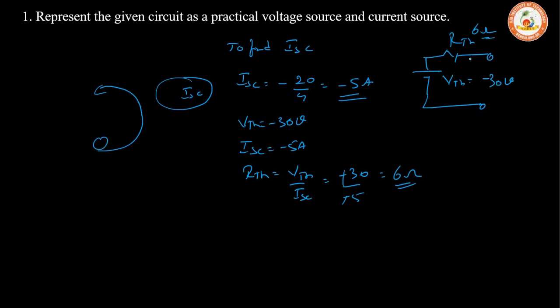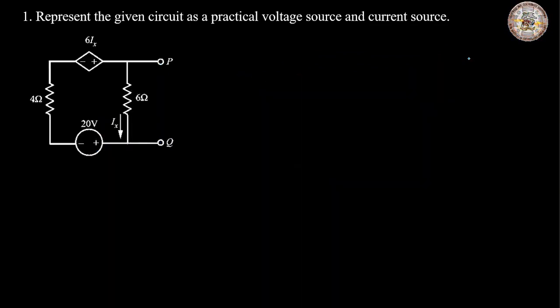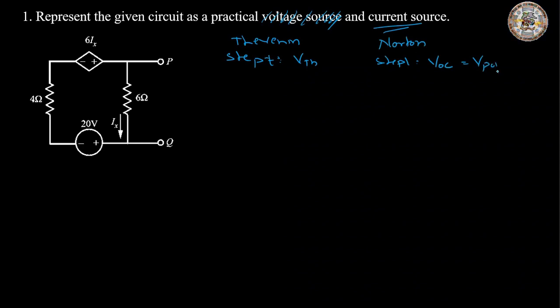Now, what you have to do for Norton theorem, or for an equivalent current source? Let us say the question is asked with respect to only current source, not with respect to voltage source. So what are the steps for Thevenin theorem? Step 1, you'll be finding VTH, whereas under Norton theorem, you'll be finding your step 1 as VOC, or in this case as VPQ.